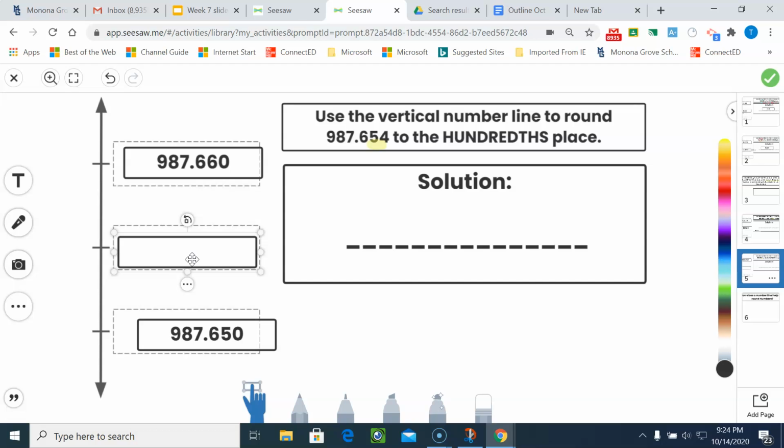987 and 655, sorry, 55 hundredths, okay? So now, and then I'm going to put that 0 at the end.